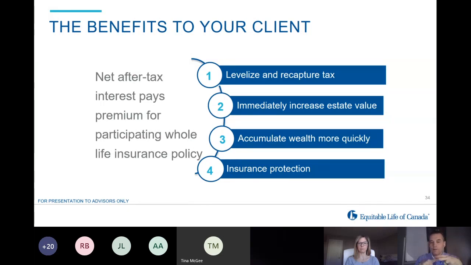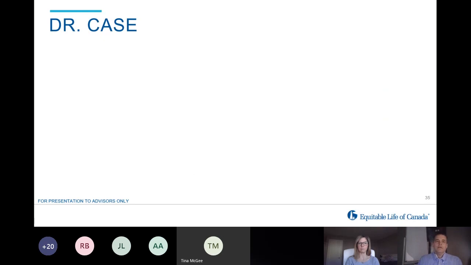We're able to accumulate more wealth in this contract, so we're giving up some of that delayed cash value to be able to shore up faster, so that way we have more liquidity, access and control to that money. And really the insurance protection is that immediate increase to the estate. So I guess we just thought 4 was a better number than 3. So that's the basis of the idea.